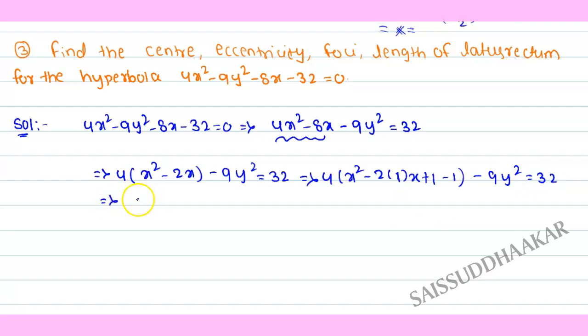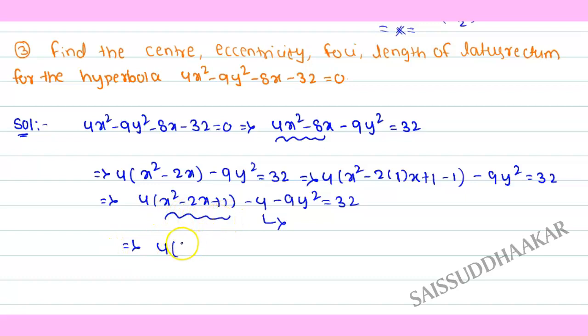So this implies 4 times of x square minus 2x plus 1, and here minus 1 times of 4 is minus 4, and minus 9y square is equal to 32. Here minus 4 I am taking to the right side, right? So this implies 4 times of, this can be written as a minus b whole square, that is x minus 1 whole square, minus 9y square is equal to 32 plus 4, that is nothing but here we are getting 36, right?